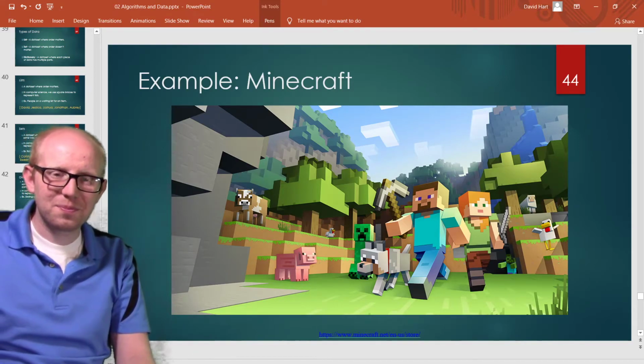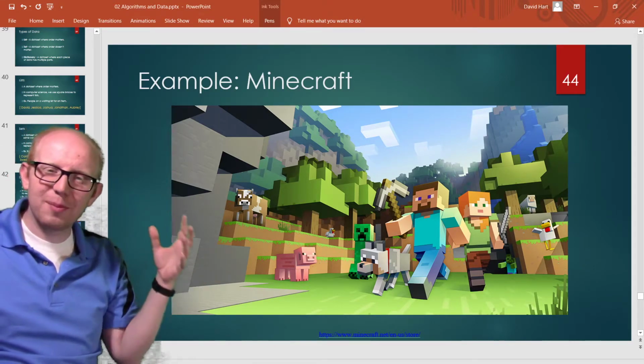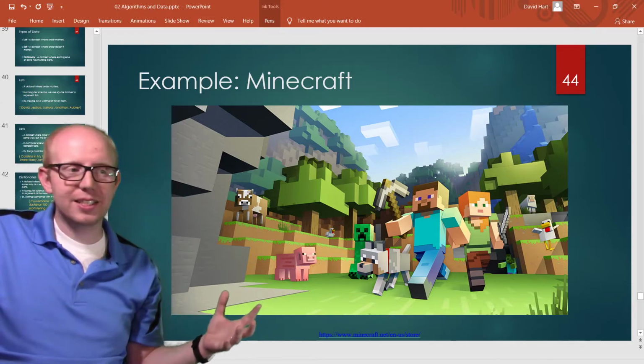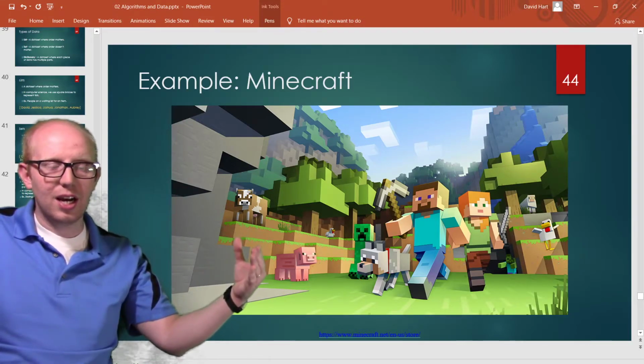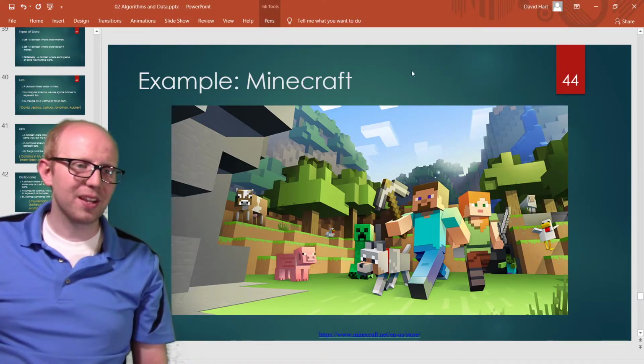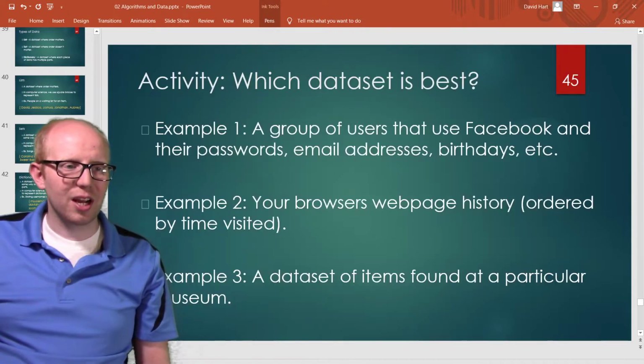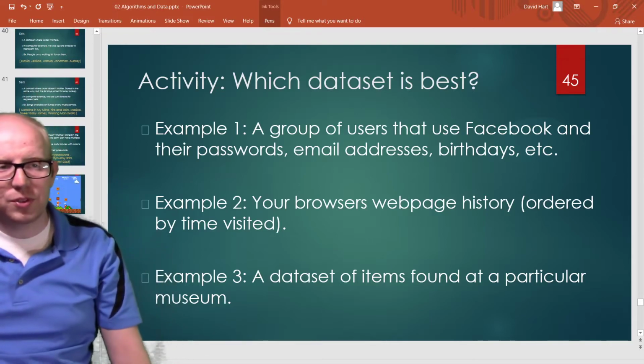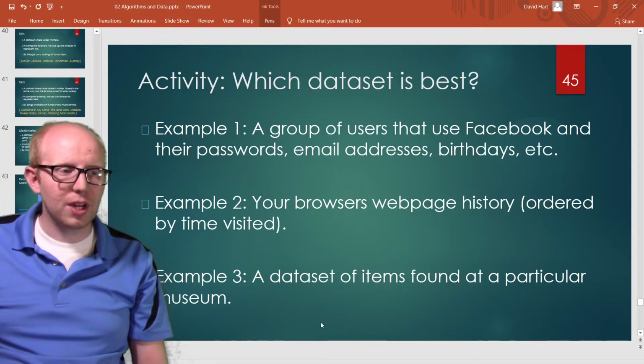Okay? So again, just think about it. There's different times and different places that you would need to use different types of data. Okay? So let's try a couple more. Just things you probably use every day.